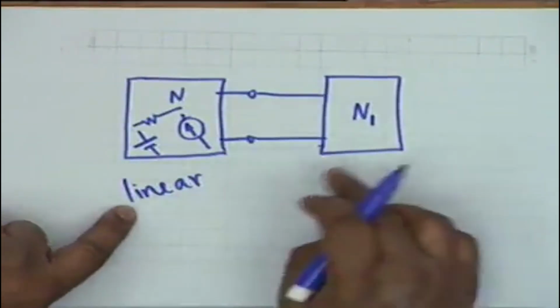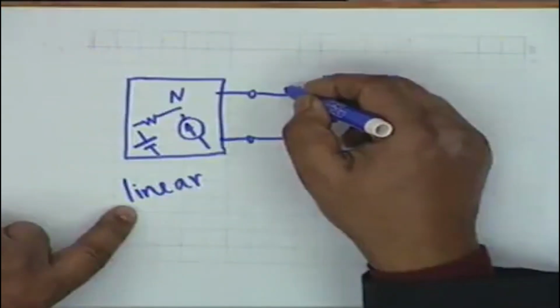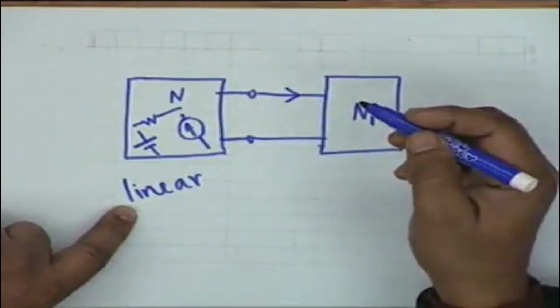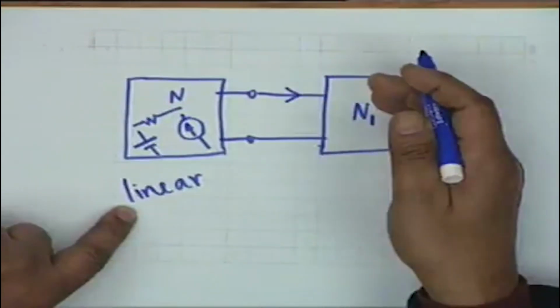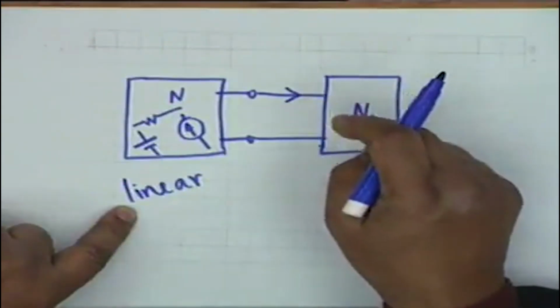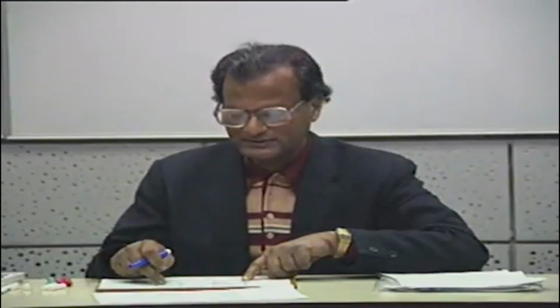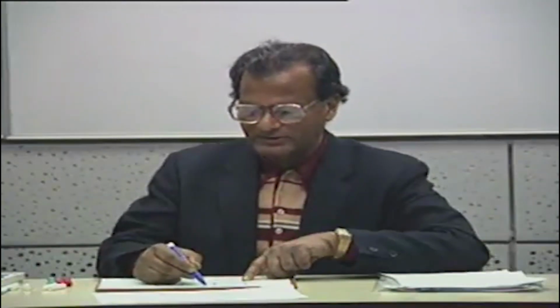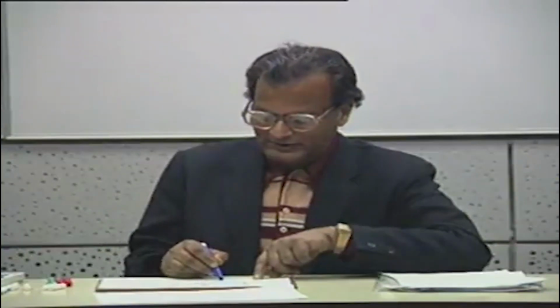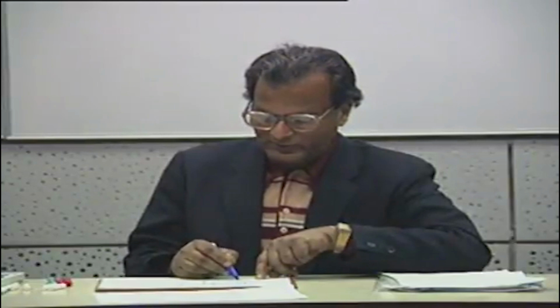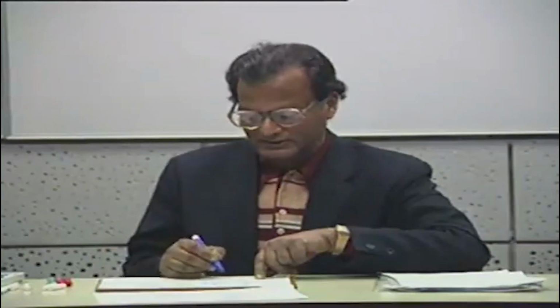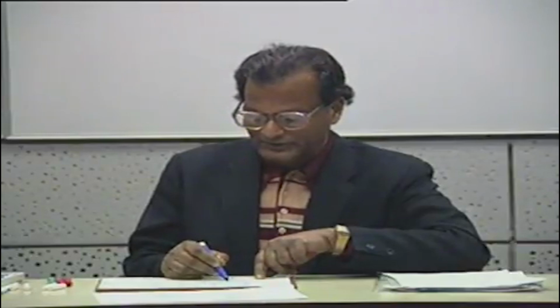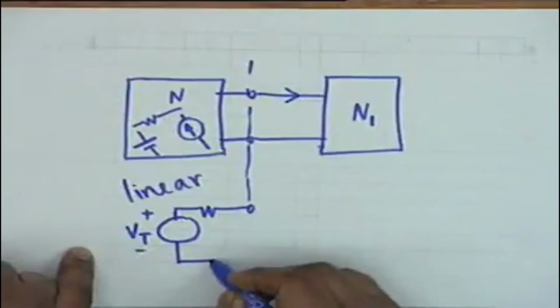Then as far as the current injected into N1 is concerned, in so far as the load or the driven network is concerned, the network N or the driving network can be replaced by an equivalent network, and this equivalent network consists of an ideal voltage source Vt in series with a resistance Rt.